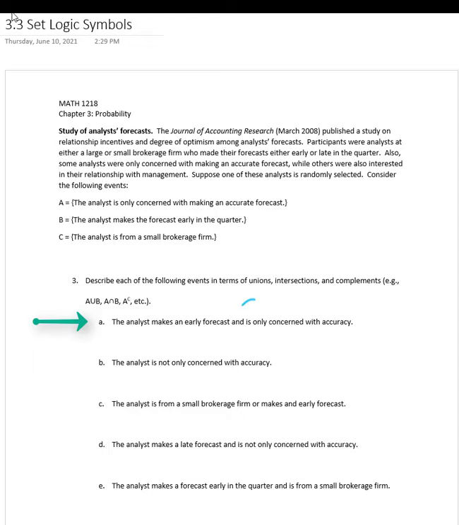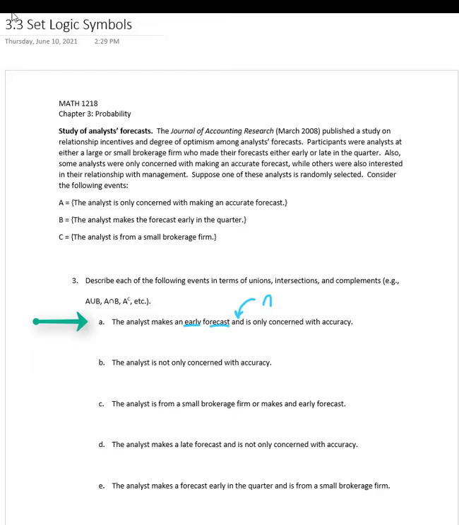The word and is a clue, and the word and means that the events happen at the same time. So that would be the intersection. So we're thinking intersection symbol will be used there. The other clue is that the analyst makes an early forecast.